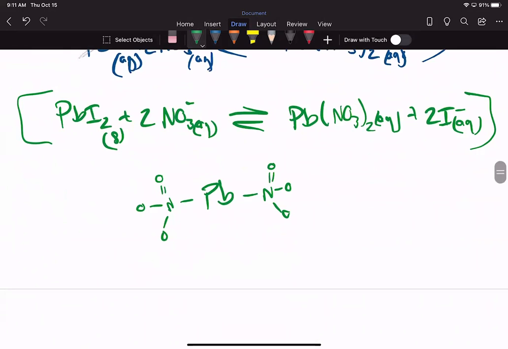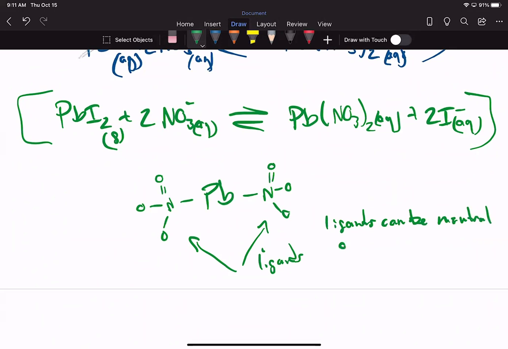But here again, these are what we consider ligands, right? Ligands can be neutral or ions.